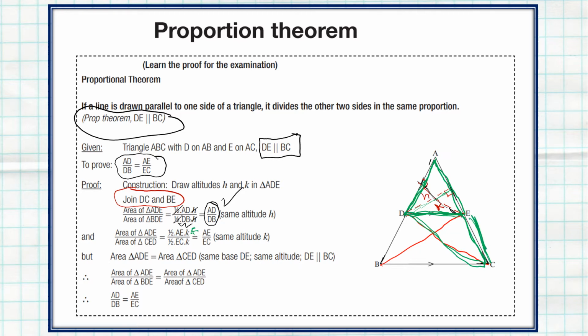Its base is EC, and its height really is k. Because they have the same height, k and k will cancel, 1 over 2 will cancel, and their ratio will be AE over EC.